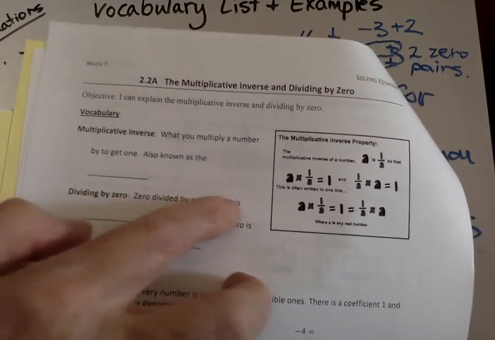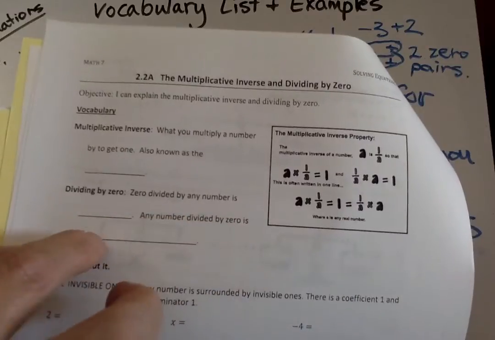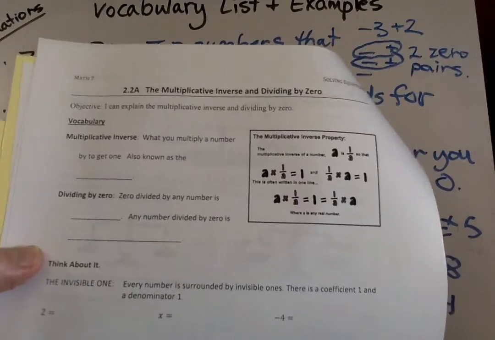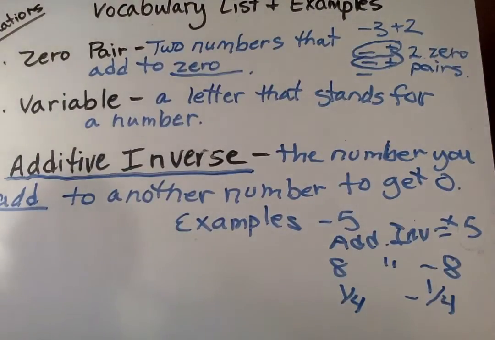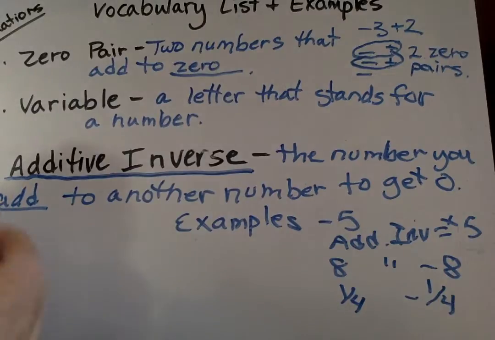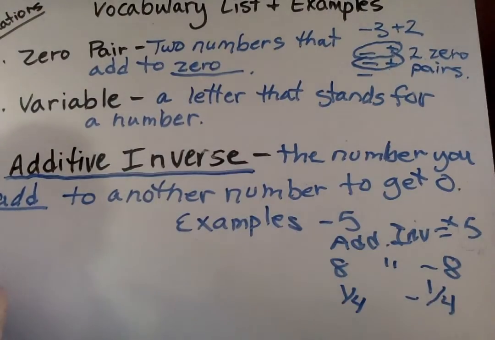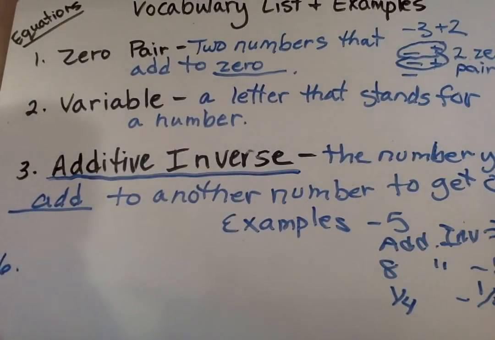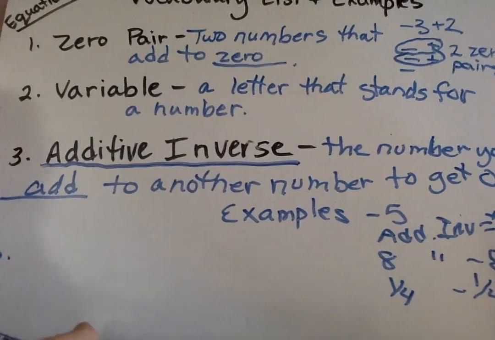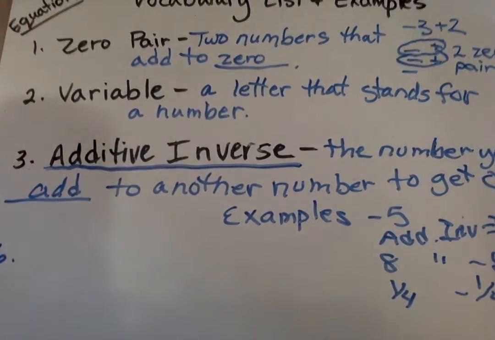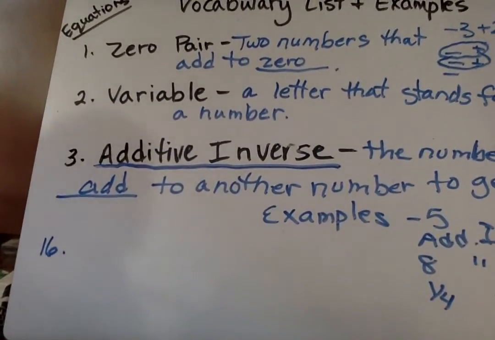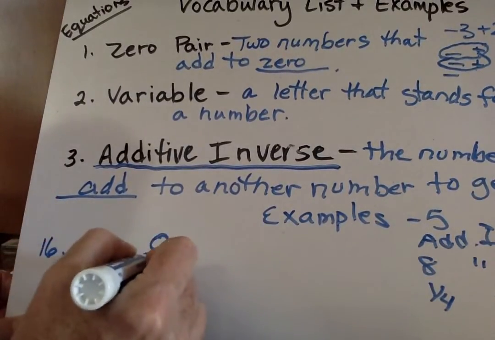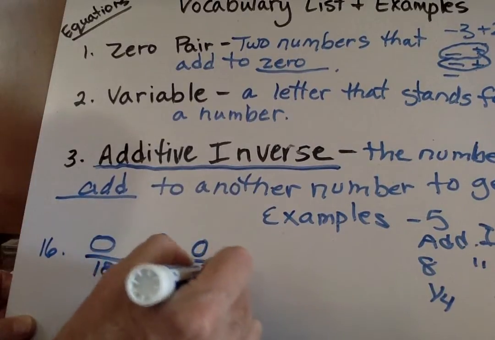So 0 divided by any number is 0. Any number divided by 0 is undefined. Okay, so do you know the difference between those two? And the examples there would be, so the first part is, again, this is going to be 16, dividing by 0. Is 0 over 18, 0 over 1, 0 over -8.